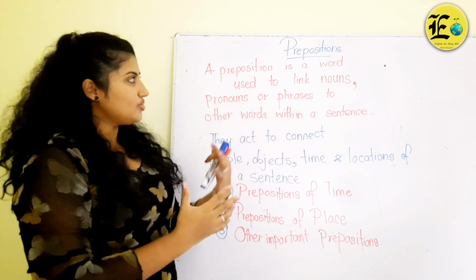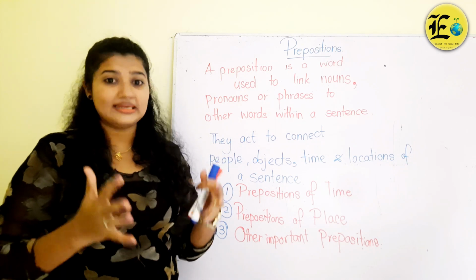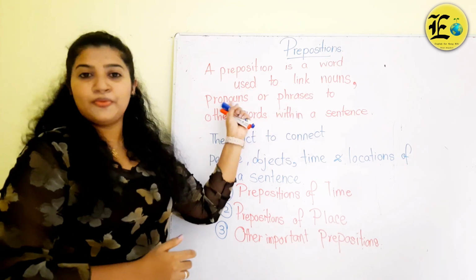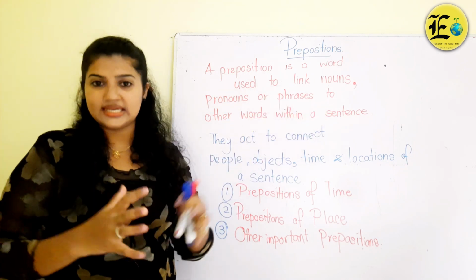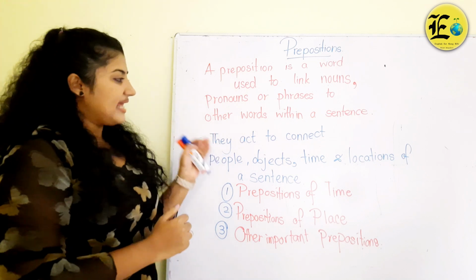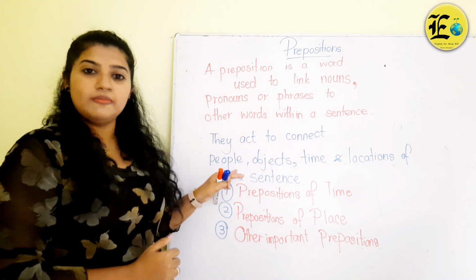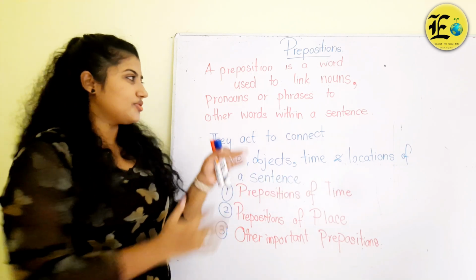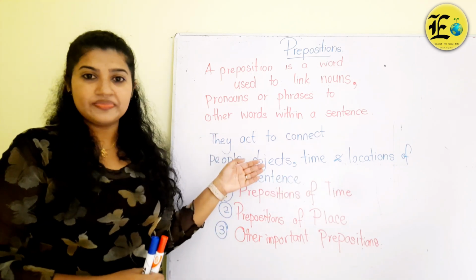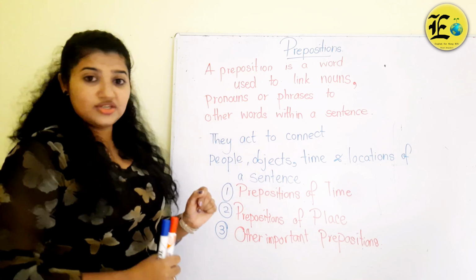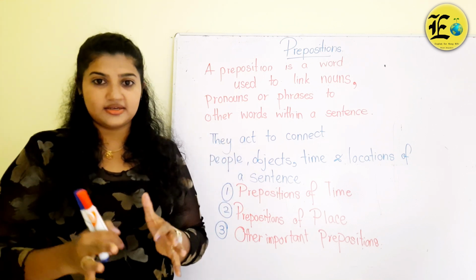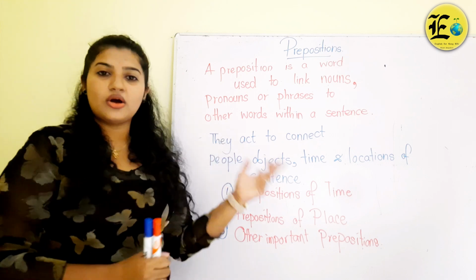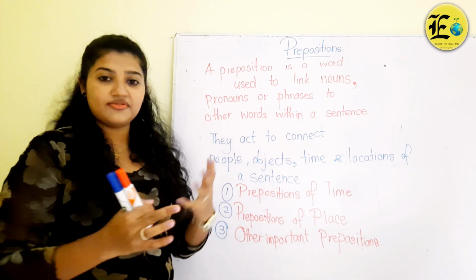So usually a preposition links a noun, a pronoun or a phrase inside a sentence. They act to connect people, objects, time and locations of a sentence. So the simpler meaning is given here. That means a preposition is used as a connector which connects people, objects, time, locations of a sentence.